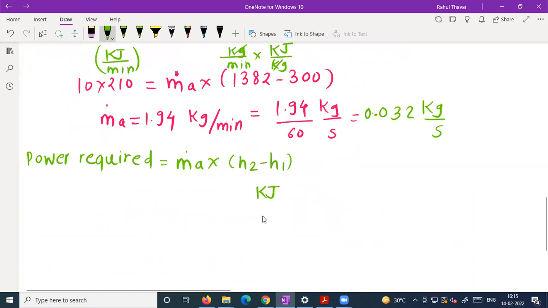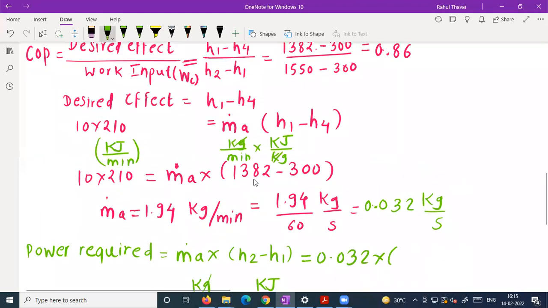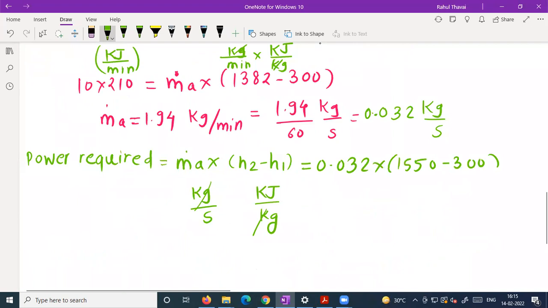H2 minus H1 was in kilojoule per kg, and when we multiply by mass in kg per second, kg gets cancelled, we get kilojoule per second, which is kilowatt. So 0.032 multiplied by H2 minus H1, that is 1550 minus 300. How much is the answer?